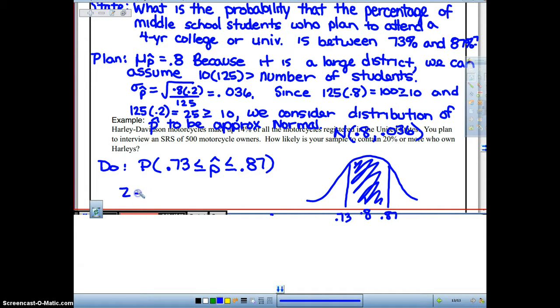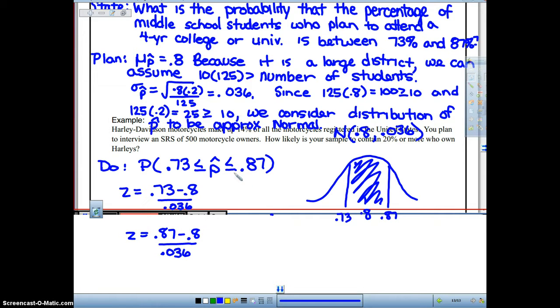My z-scores would be my value minus my mean divided by my standard deviation, which is 0.036, and then my other value, 0.87, minus my mean, which is 0.8, divided by my standard deviation, which is 0.036.